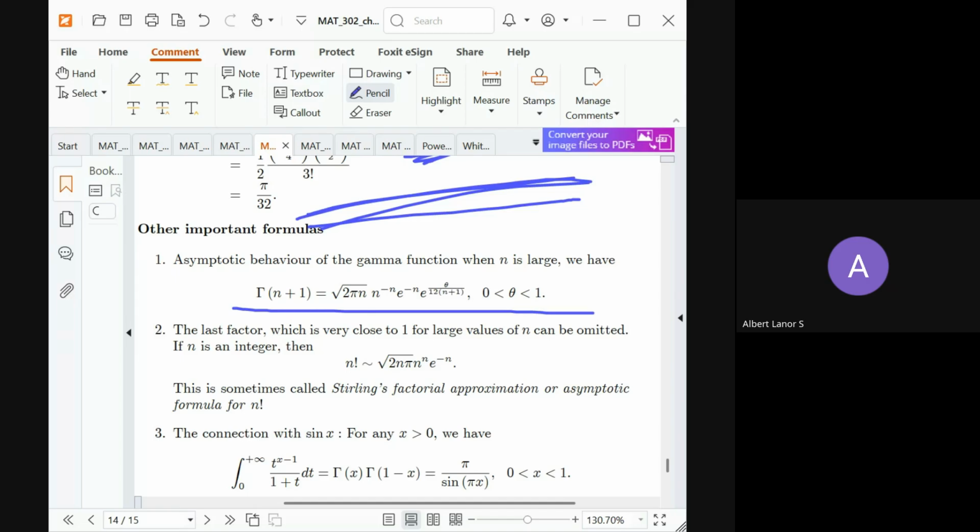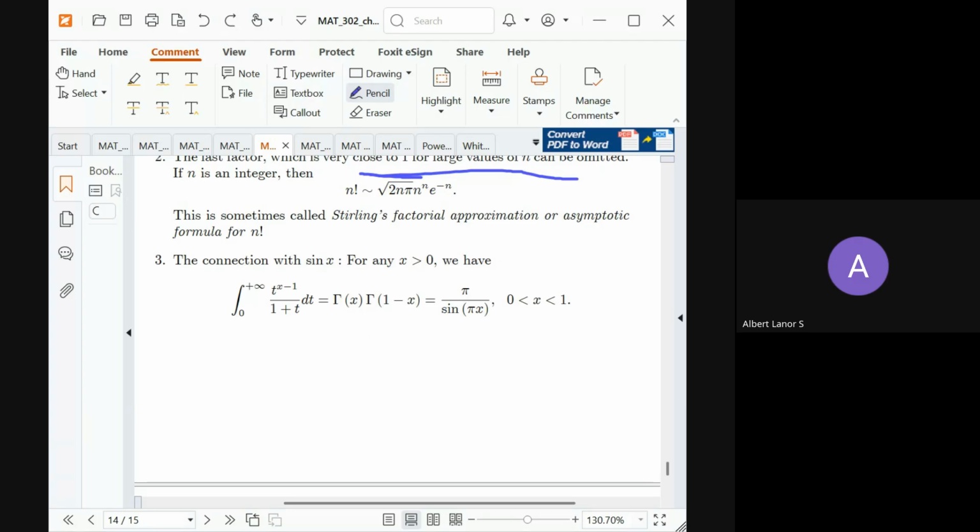Asymptotic behavior of the gamma function when n is large: you can assume it to be this one. Now, the last factor, which is very close to 1 for large values of n, you can say that n factorial is this. This is called Stirling's approximation, or asymptotic formula for n factorial.